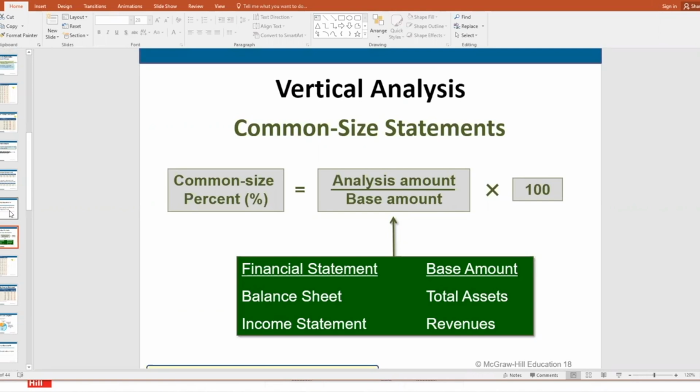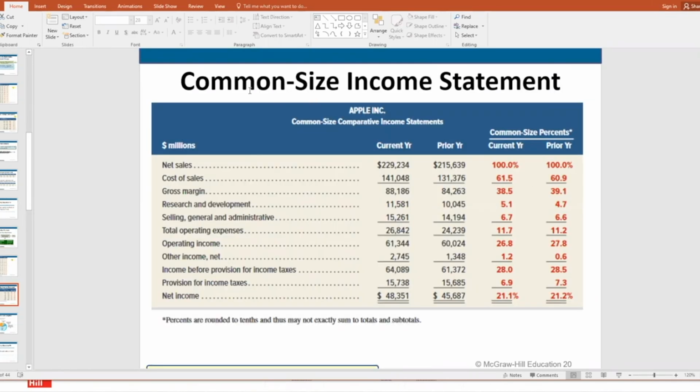These are sometimes called common size financial statements. What we do with common size income statements, we take one number on the financial statement that we want to compare everything else to. So here they've decided that net sales are going to be what we compare everything else to.